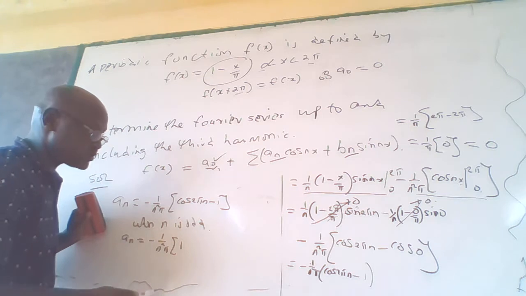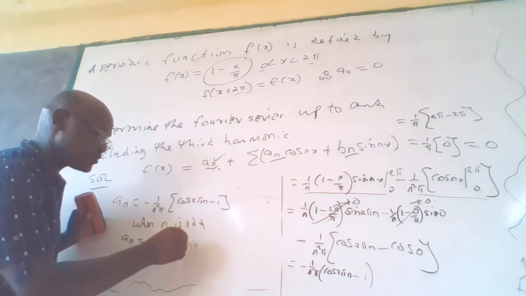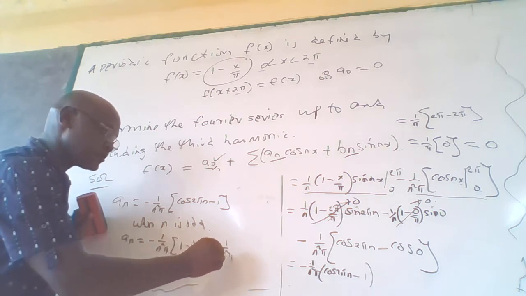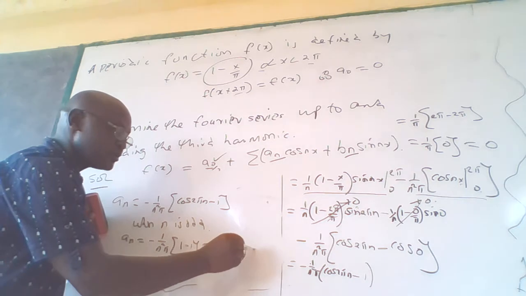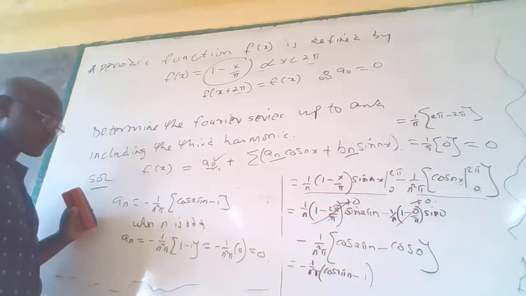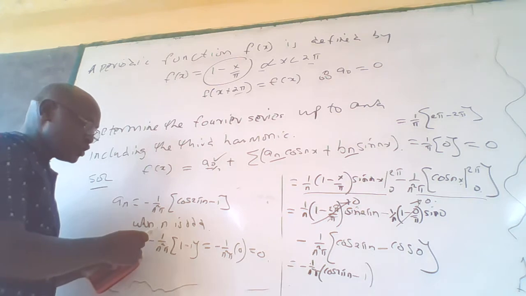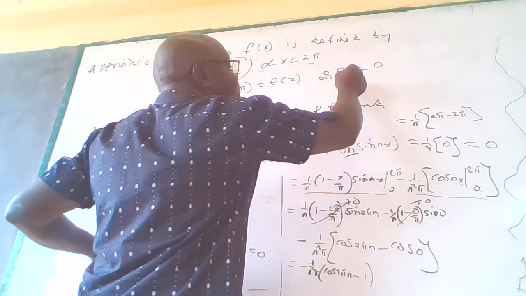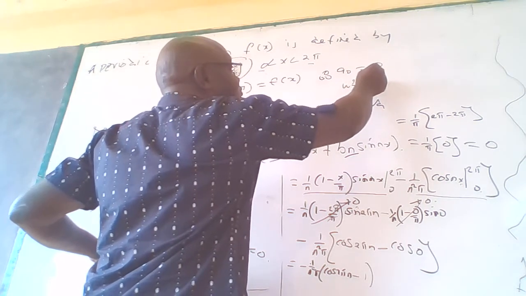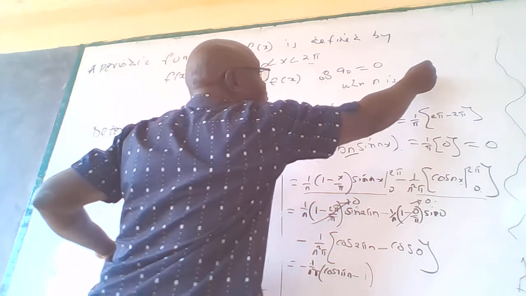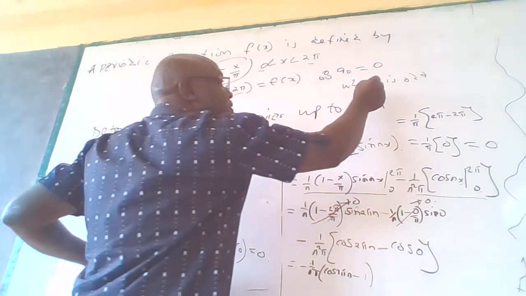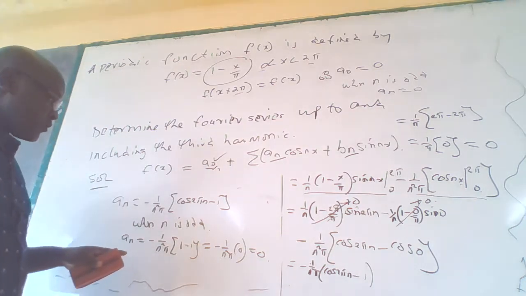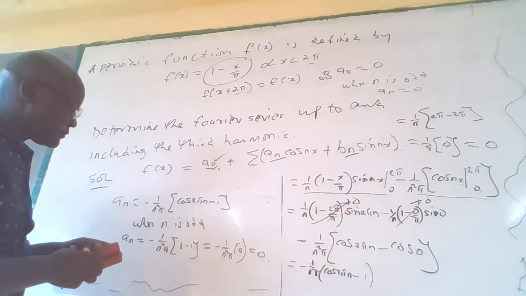When you use your calculator, you get 1. So this one will be 1 minus 1, which equals to minus 1 over n squared pi times 0, which equals to 0. So we are saying that when n is odd, an equals to 0.